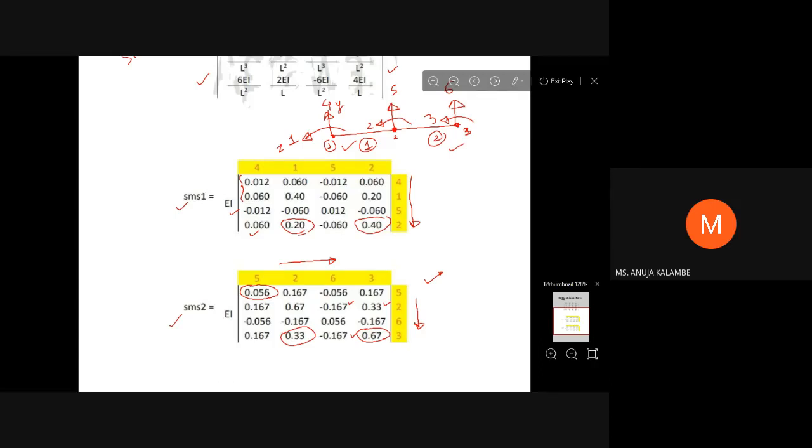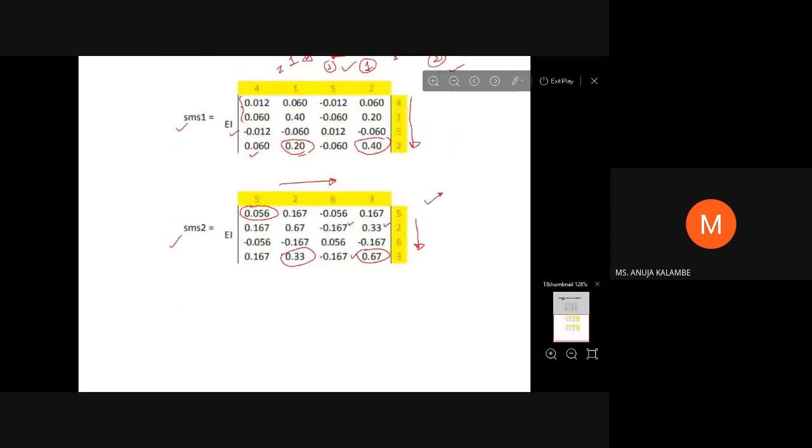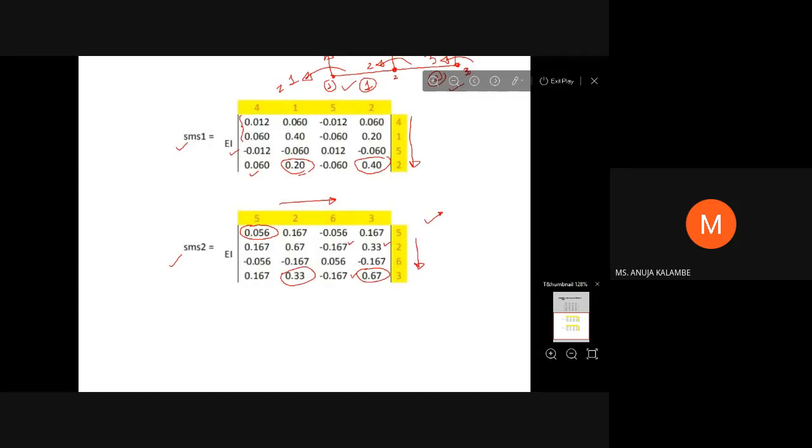What is the next step after this matrix? After that, we are finding out the joint stiffness matrix, that is SJ. What will be the size of the SJ matrix? Tell me. 3 by 3?